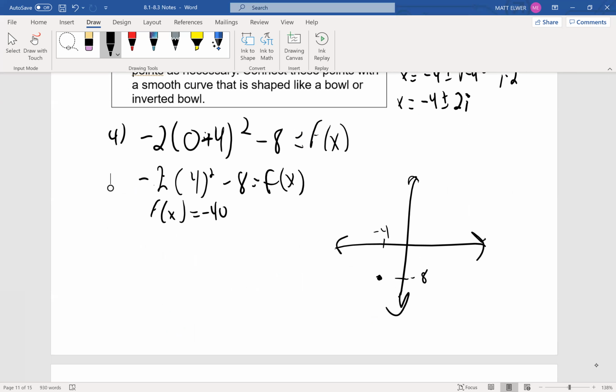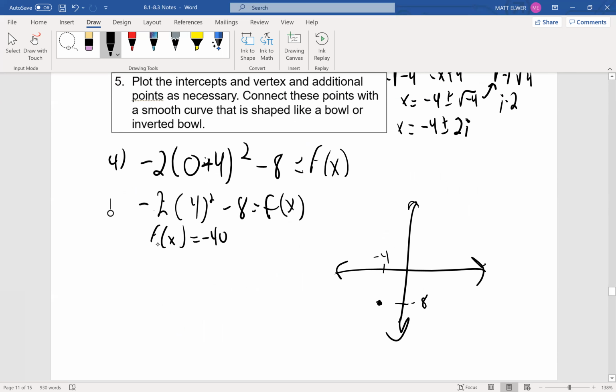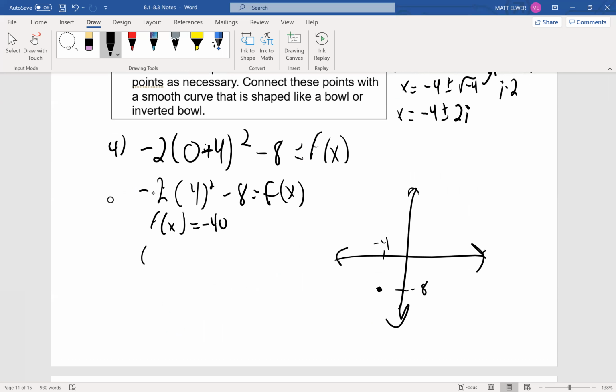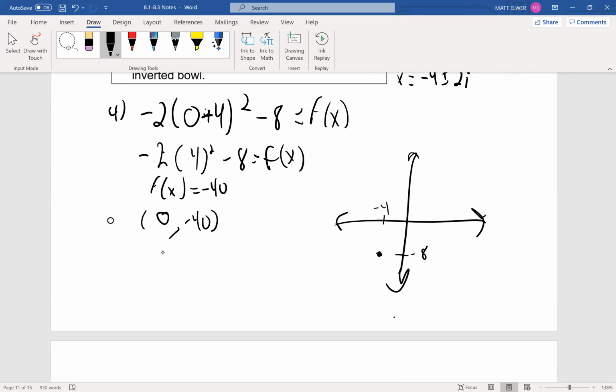But I also know that my y-intercept, this f of x equal to -40, is just the same thing as saying 0, comma, -40. So I can say that down here at -40, it's probably a lot farther than that, but I can say that it crosses the axis at -40.